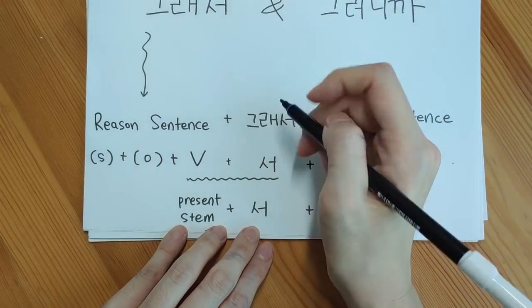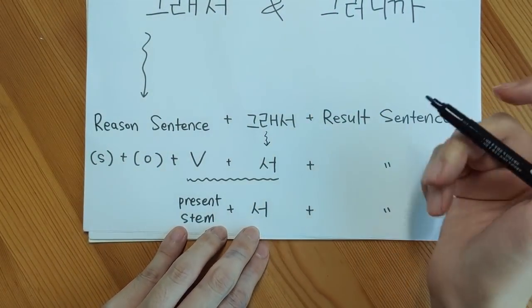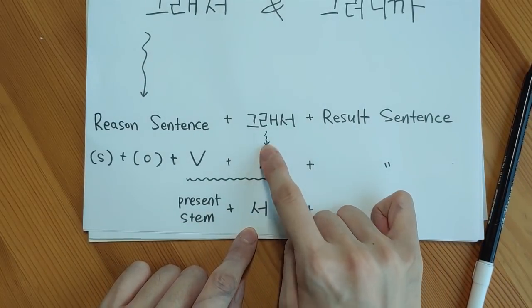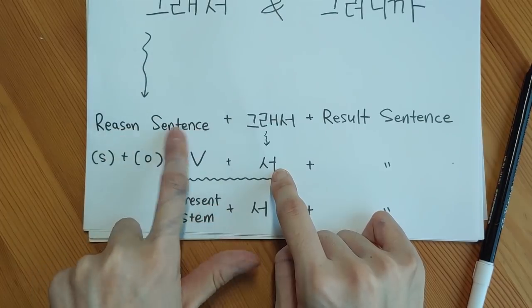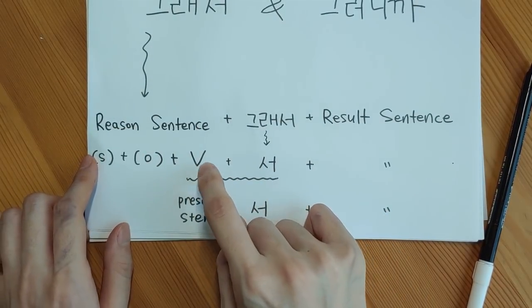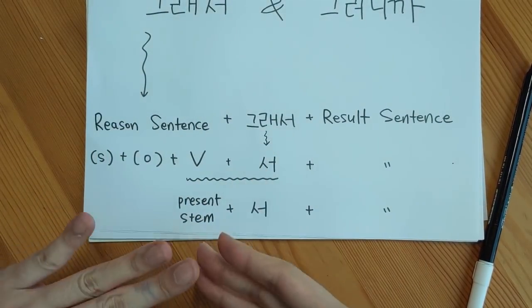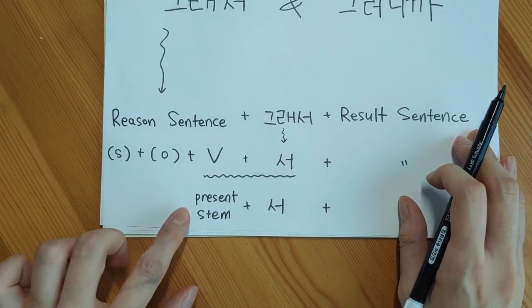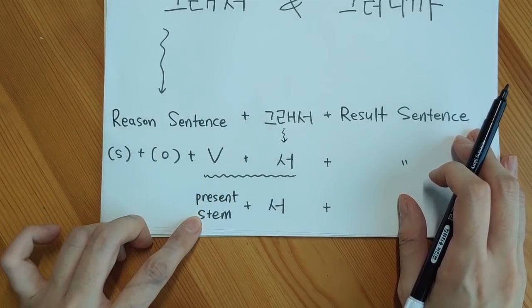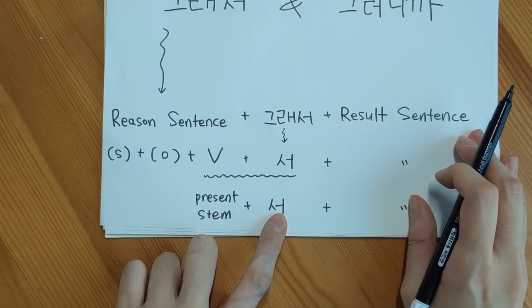And you can also make this sentence connector into a conjunction by combining 서 with the verb in the previous sentence, right? Because the verb is the last element that comes in a Korean sentence. So what you can do is put the present stem and then put 서.